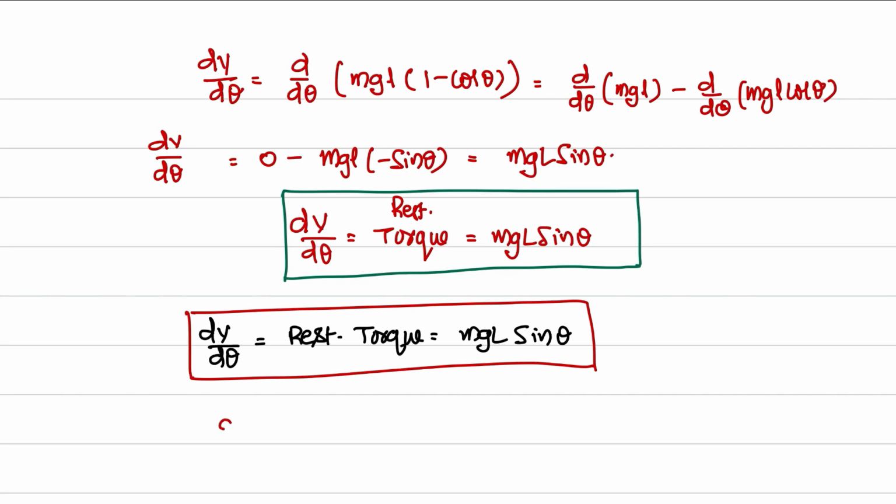Now, let us differentiate this equation again. What happens? d square V by d theta square is equal to mgL into d by d theta of sin theta. Agreed? d by d theta of sin theta is cos theta. That is equal to mgL cos theta.